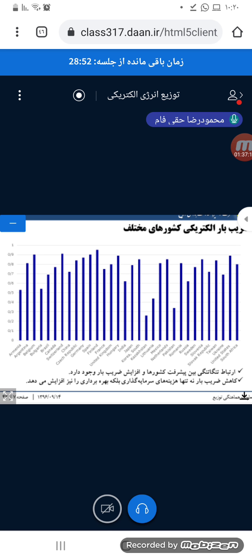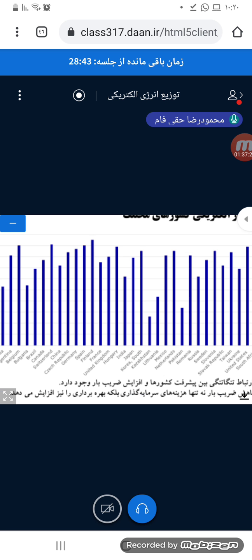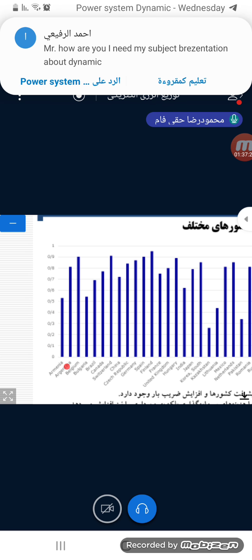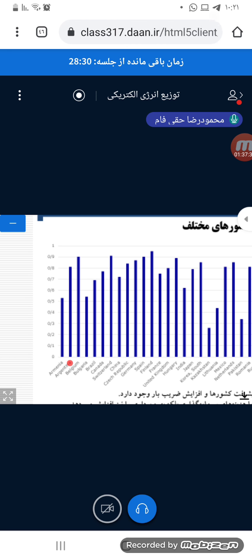A load factor approaching 1 is better for countries. For example, see here. The load factor for Armenia is approximately 0.5. It is very low.